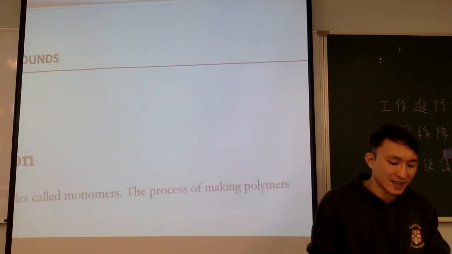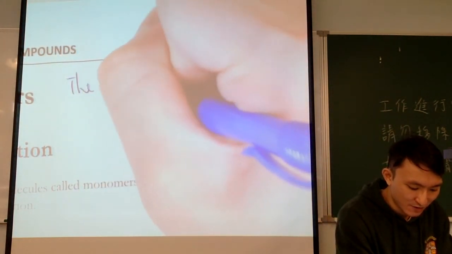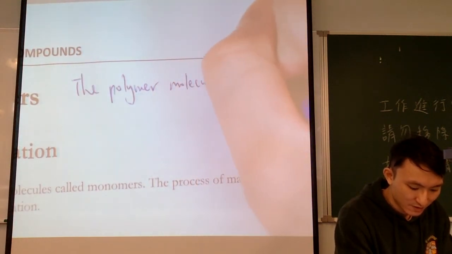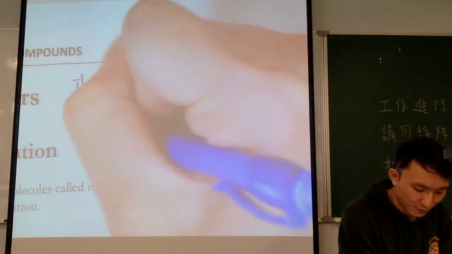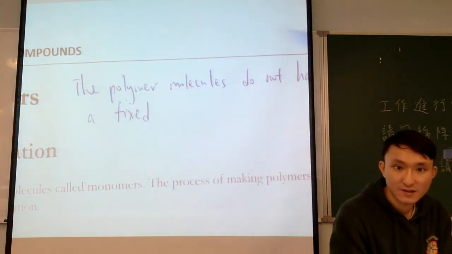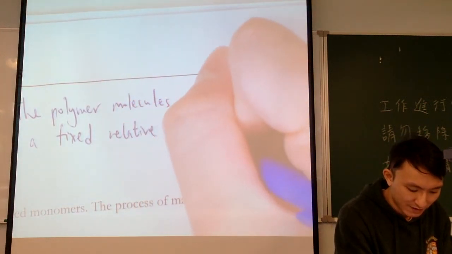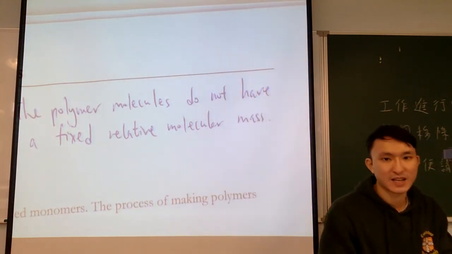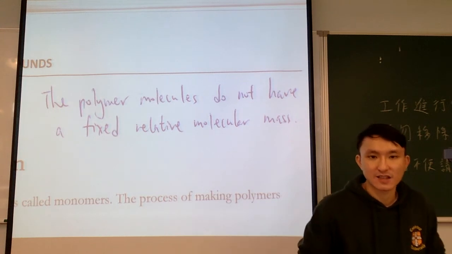So we say that the polymer molecules do not have a fixed relative molecular mass. Okay, so that implies it does not have a fixed chain length.